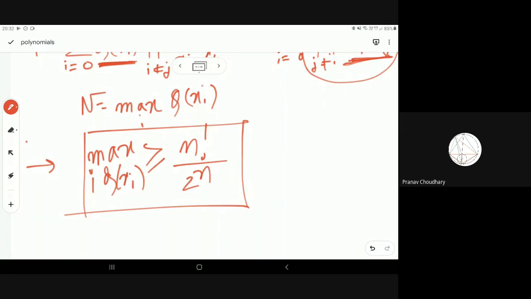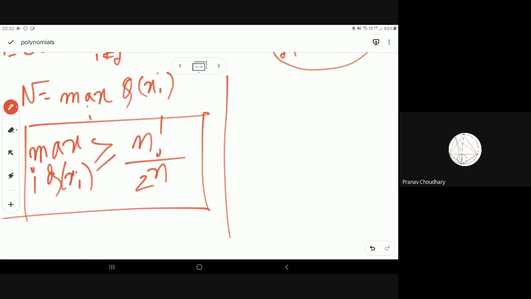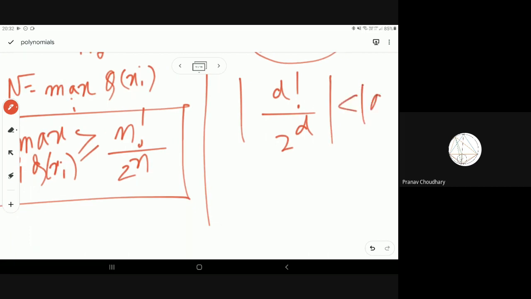So how we finish is we take an integer d such that d factorial by 2 to the d has modulus less than modulus, right?